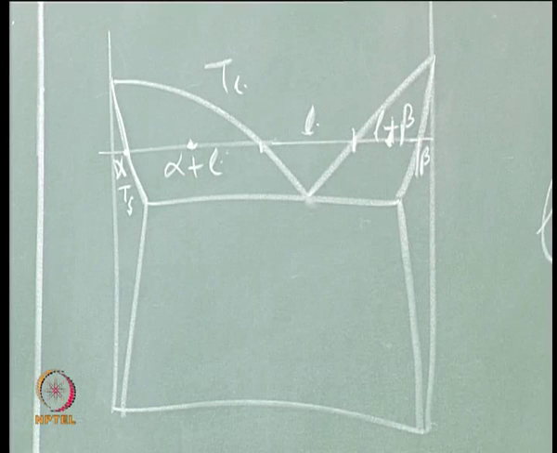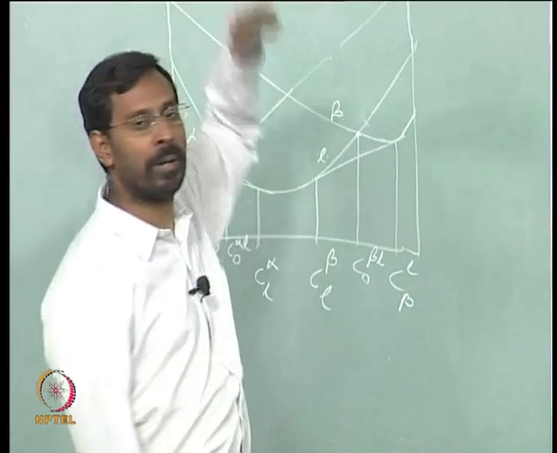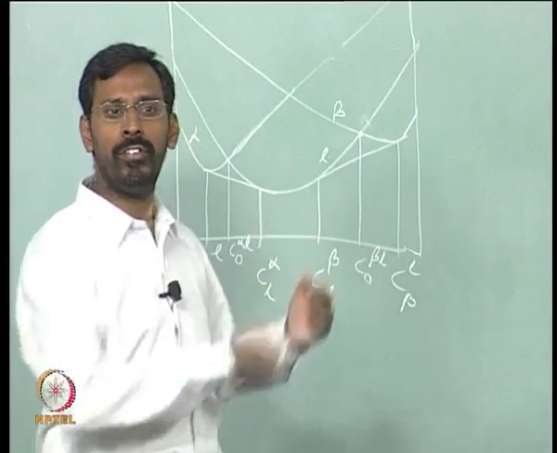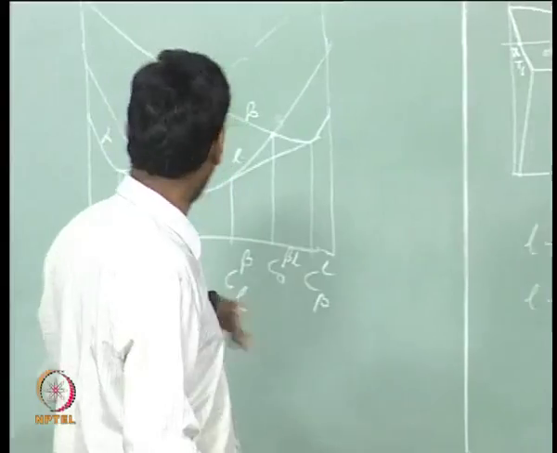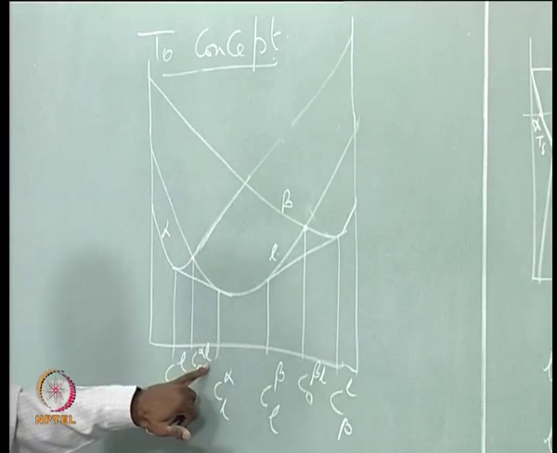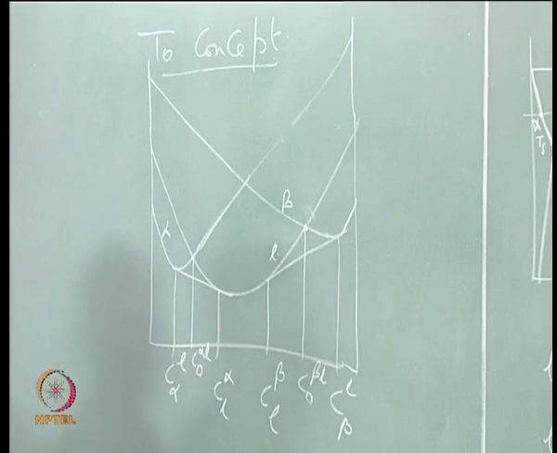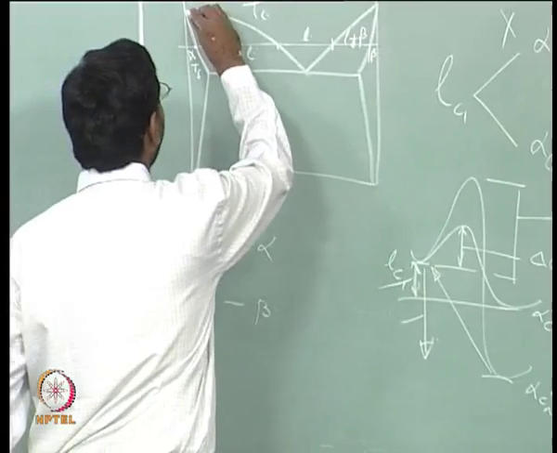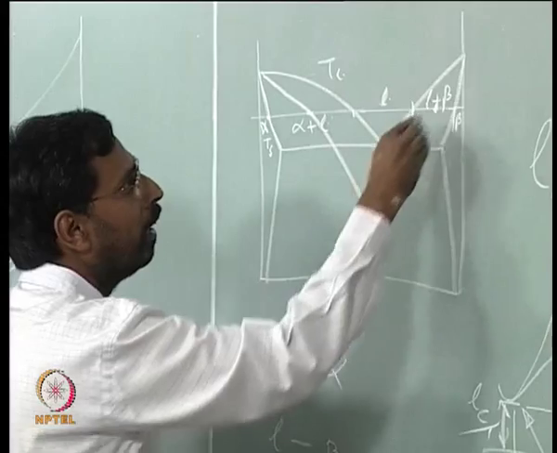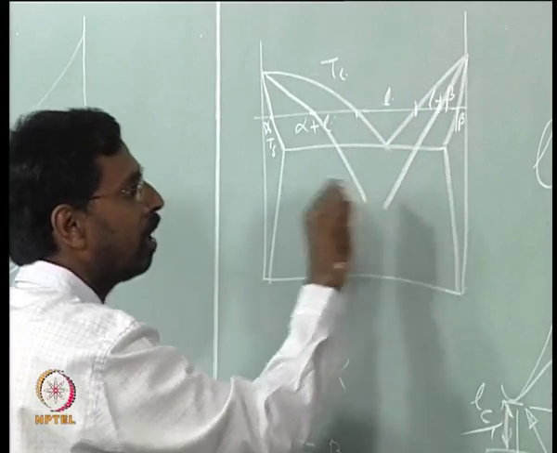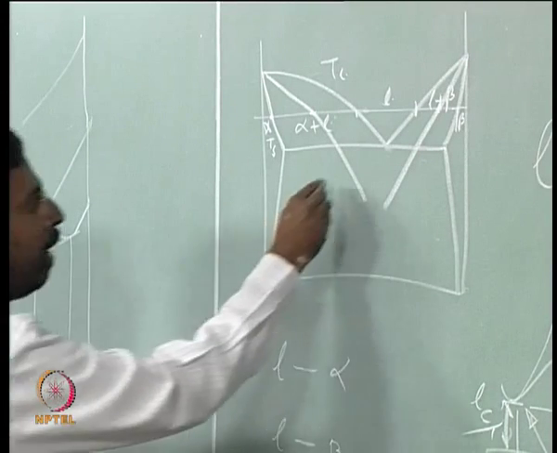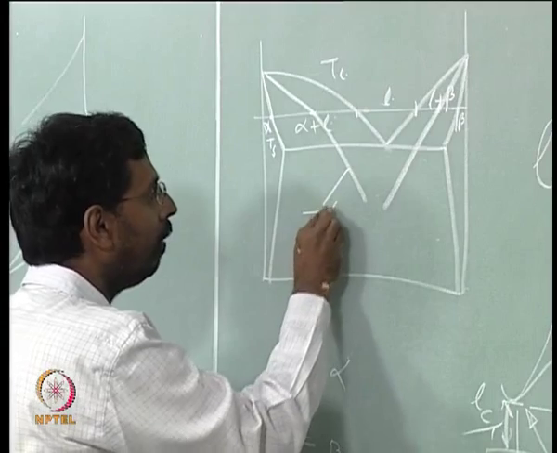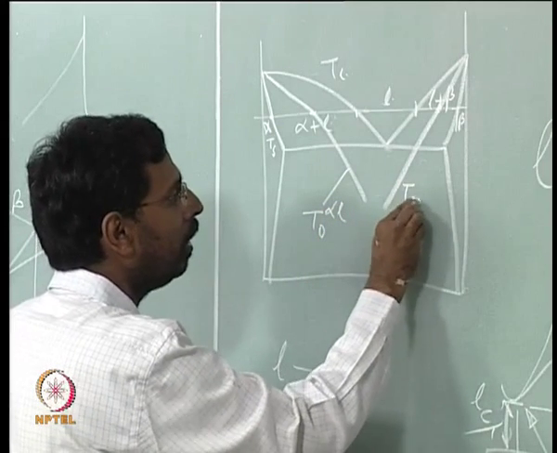Now, if I continue this at various temperatures, I can keep on drawing similar curves at different temperatures, and at each temperature I can get one C naught alpha liquid, one C naught beta liquid, and if I join all of them I get a line like this, 2 lines, one I call T naught alpha liquid, another is called T naught beta liquid.